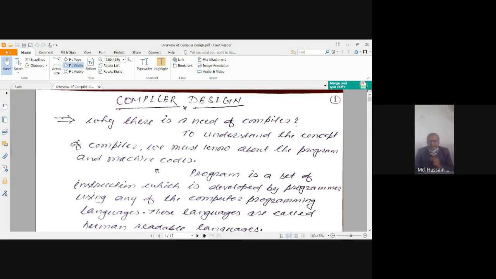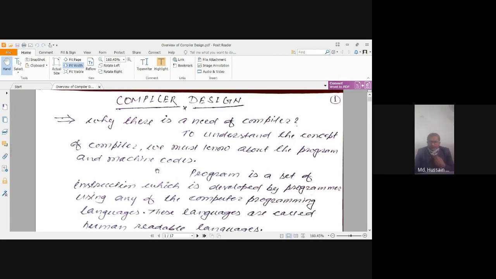Each language has its own pros and cons. Our computer system basically understands the language of binary or machine language. But we as human beings, if we write the program in machine language, then it is a very difficult task to write the program in machine code.